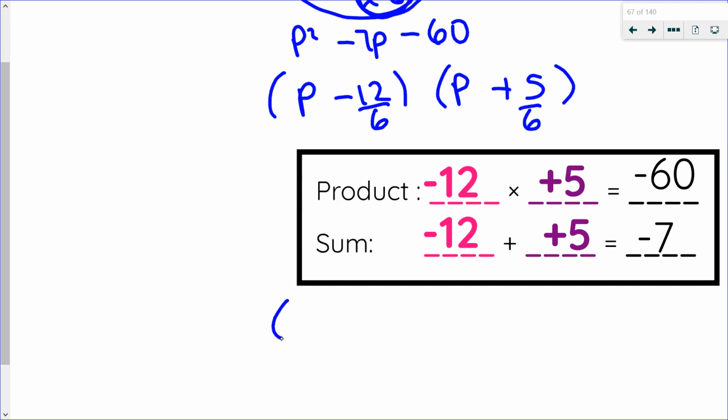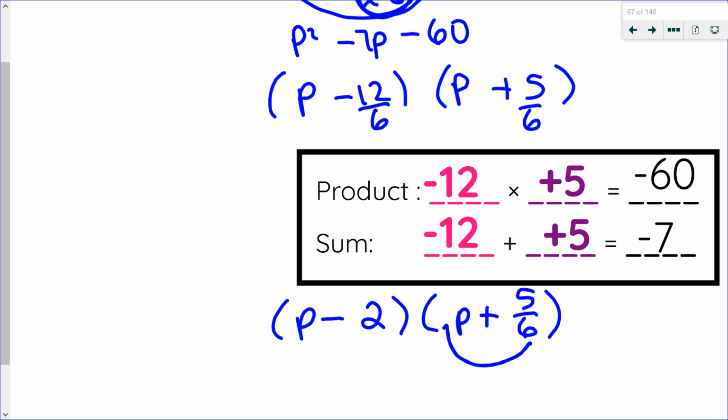So I'm going to now do 12 divided by 6 is 2, and p plus 5 over 6. 5 over 6 is a fraction already in lowest terms. So remember, factoring can't have fractions in it, so that's why I take my bottom and I go up, bottoms up. So I should have p minus 2 times 6p plus 5.